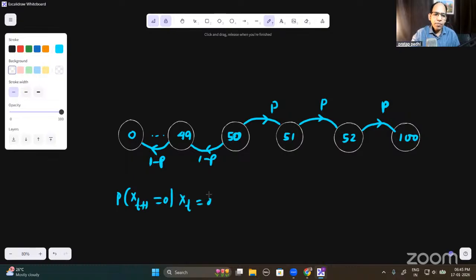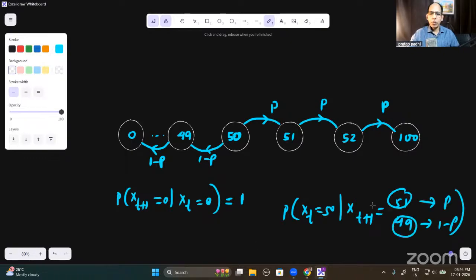is 0. Suppose he comes to 0. I can draw a stochastic diagram and I can show the full diagram, but that will be a little complicated. Okay. What is the probability here? In the absorbing state, 100%. However, he is at 50. Suppose instead of 0, I write the probability that X(t) at any time is 50. What is the probability that X(t+1) will be either 51 or 49? So I can write two probabilities, probability p and probability 1 minus p.